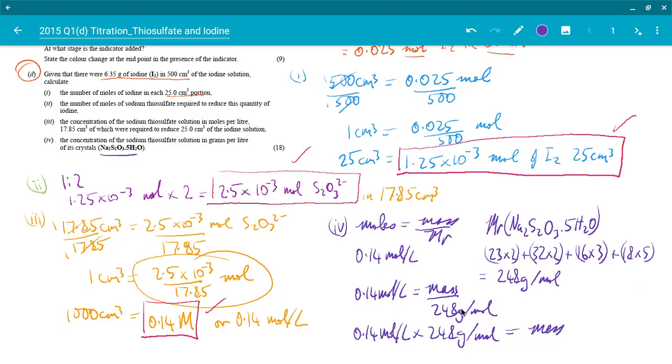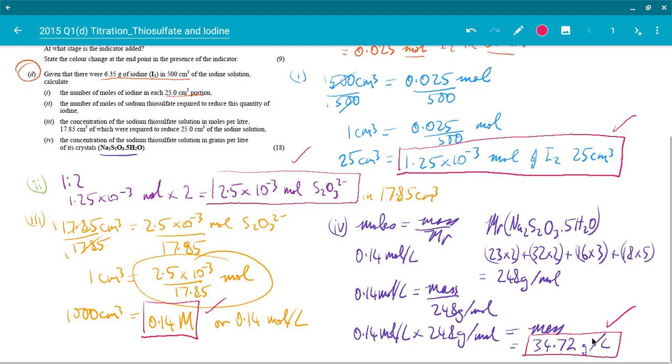And 248 cancels above and below on this side. So basically we've rearranged the formula, and we've got moles times Mr equals mass, and we multiply that out, we get 34.72 grams per litre. Box that off. And that's the calculations part of that question done.